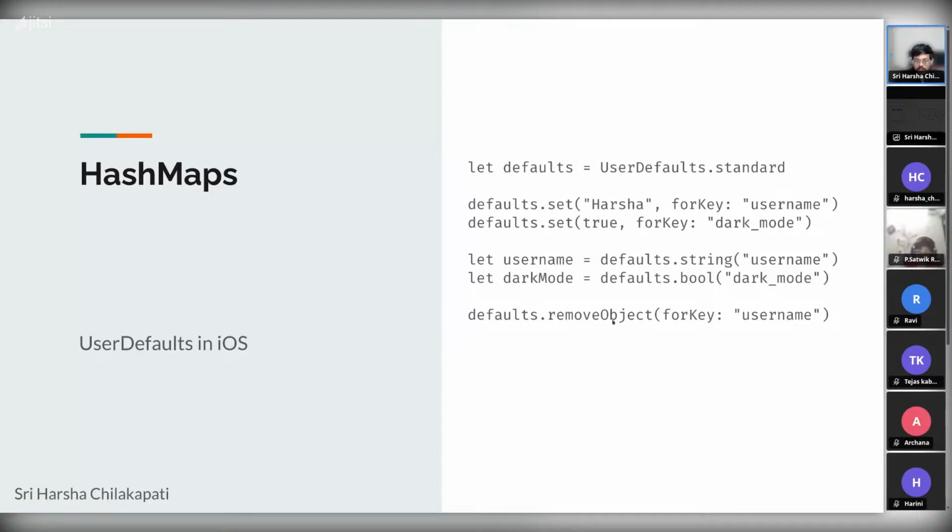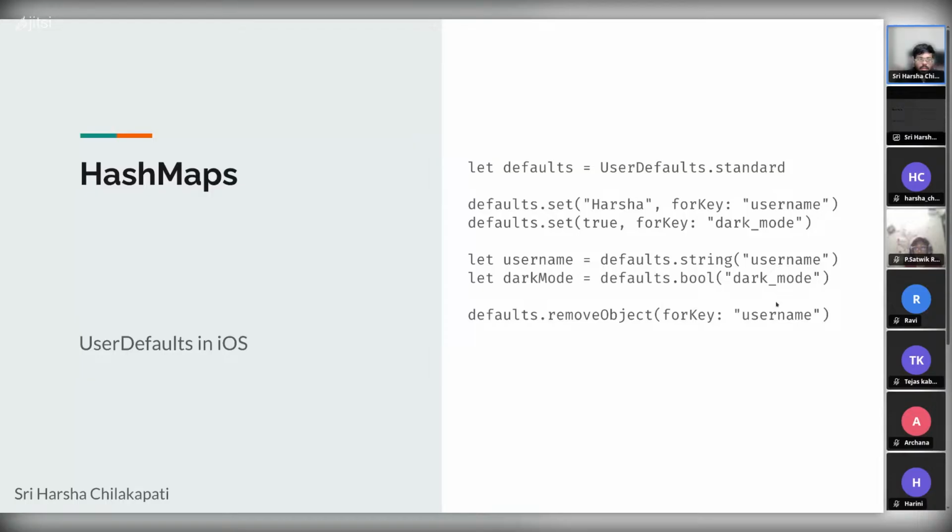And whenever you're reading it, you read it similarly: let username equal default string, because the type is a string, the key is username, then the type is bool, and the key is dark mode. Whenever you want to remove something, you can just call default.remove object and give the key, and that key will be removed from your key value pairs in your preferences store.